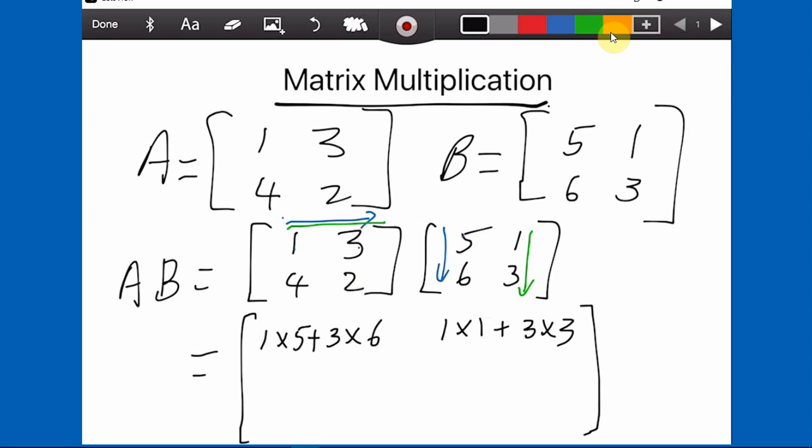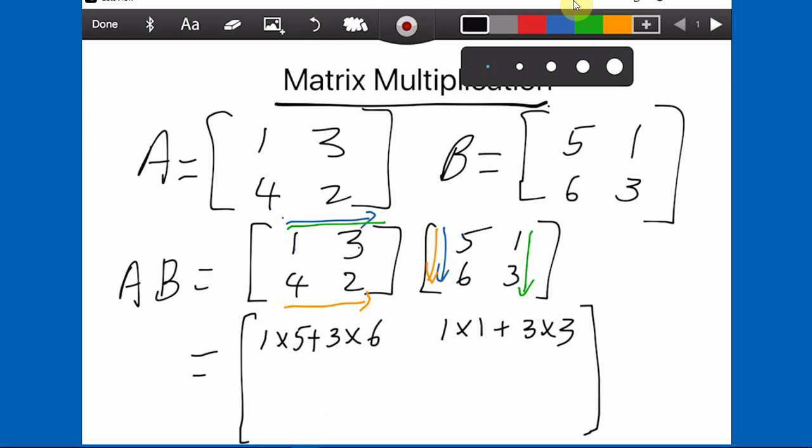Then we move on to the next row. So now I'm going to cross row 2, down column 1. So row 2, column 1. That's where that's going to end up.